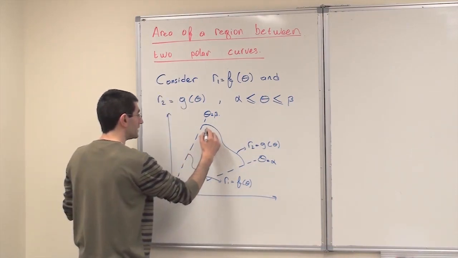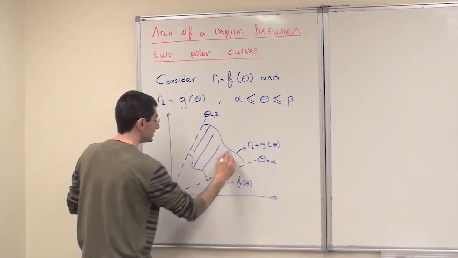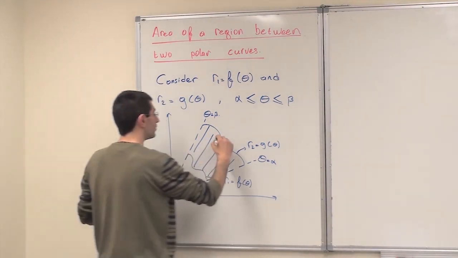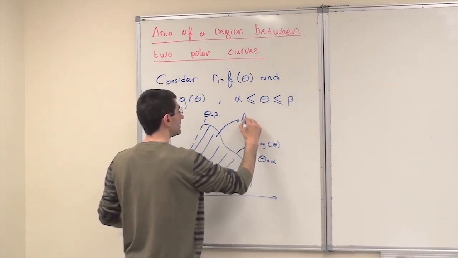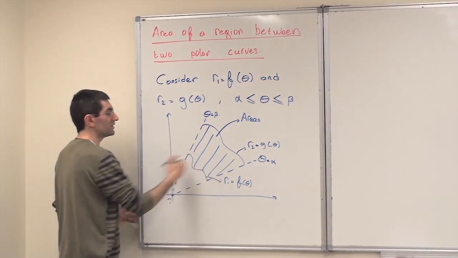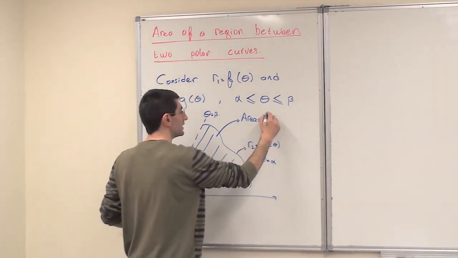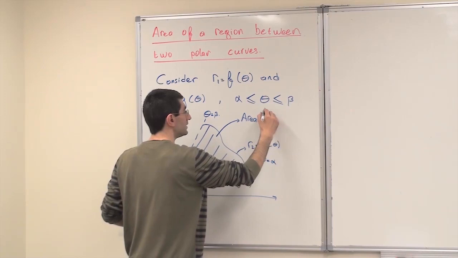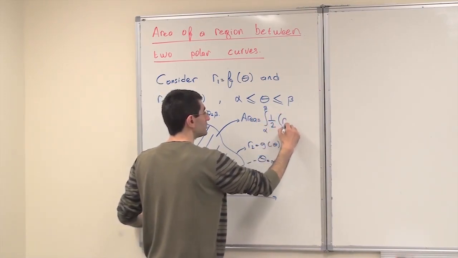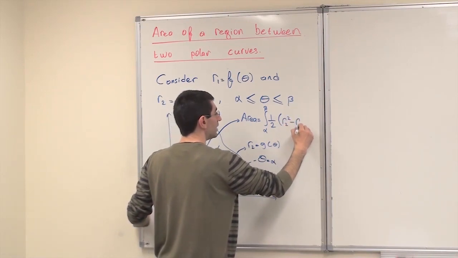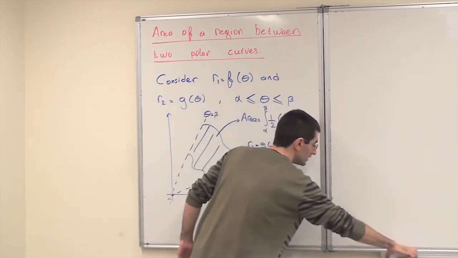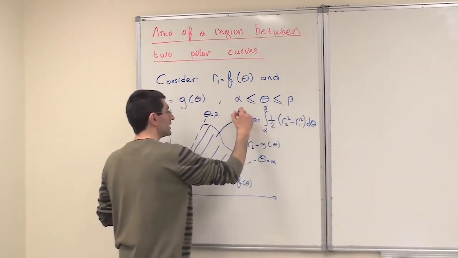So we are interested in this region, and the formula which will give us the area of this region is the following. Integral from alpha to beta of 1 over 2 times r2 squared minus r1 squared d theta. So let me mark this area in red.